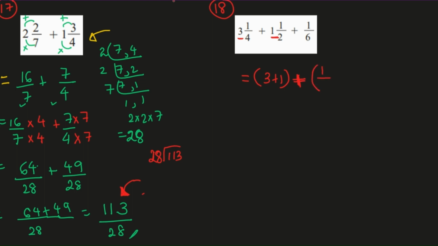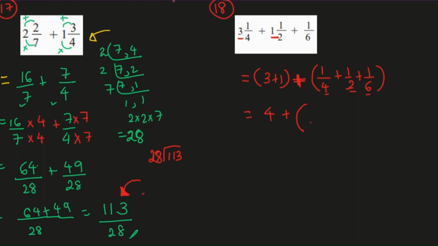Then the proper fraction part. 1 upon 4 plus 1 upon 2 plus 1 upon 6. When you see this, you can see that the denominators are different. With my experience, I know the LCM will be 12.